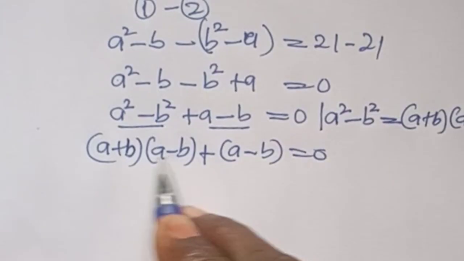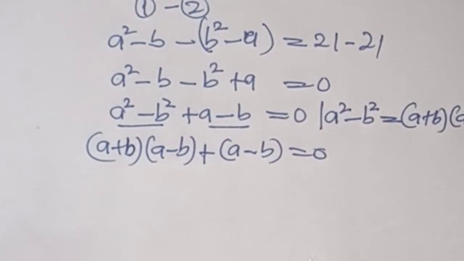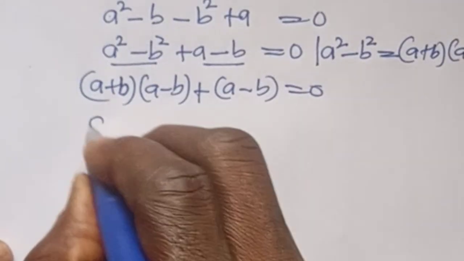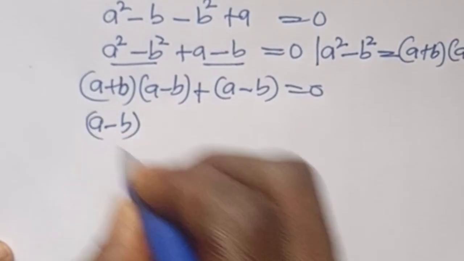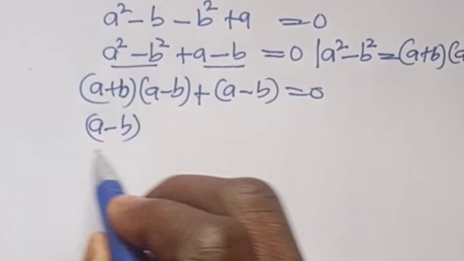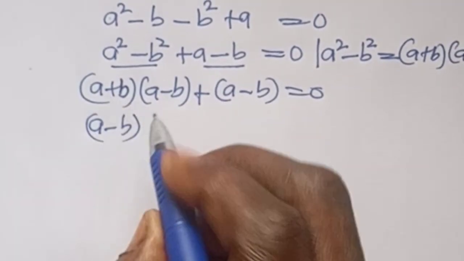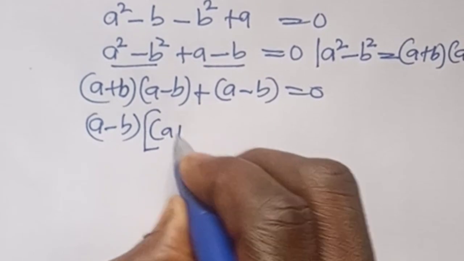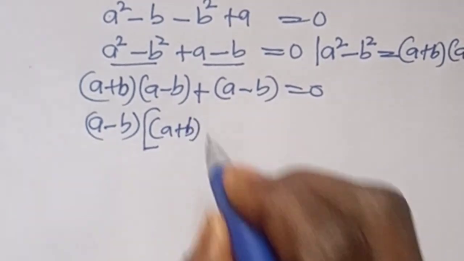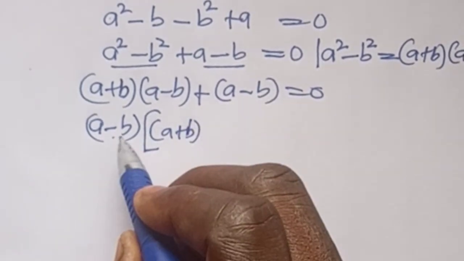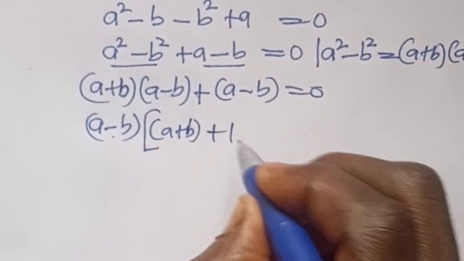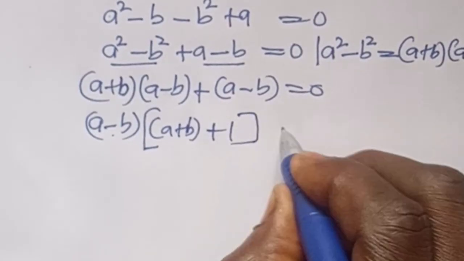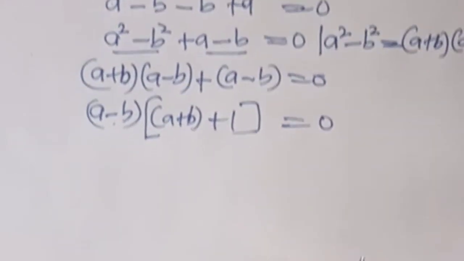And a minus b is common to the two terms, so we're going to factor it out so that it becomes a minus b in bracket. This whole term divided by a minus b, what will be left is a plus b. And a minus b divided by a minus b, what will be left is 1, equals 0.